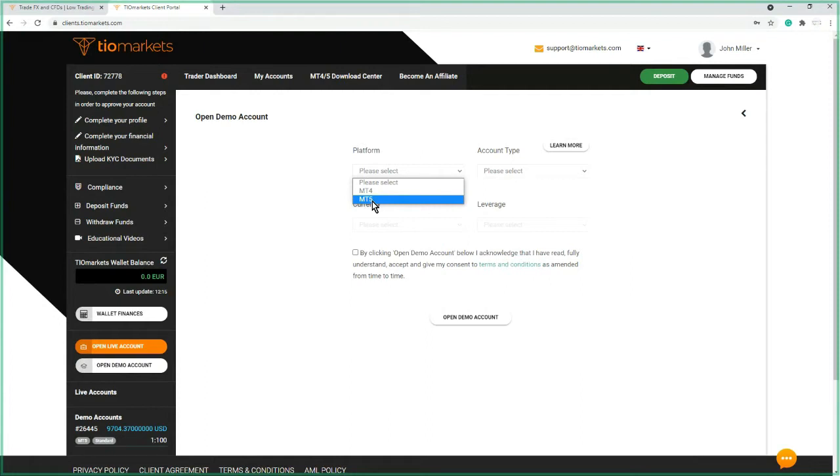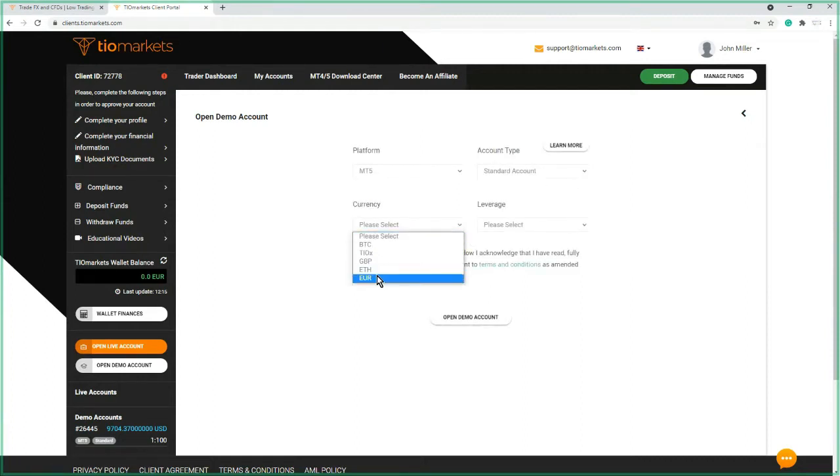For instance, one specific order type, which I'm going to show you in a moment. It's kind of helpful. And okay, let's choose MT5. Then you go and choose the account type. This is really valid when you are opening a live account, then you have more options to choose from, but when it's a demo, then it's standard only.